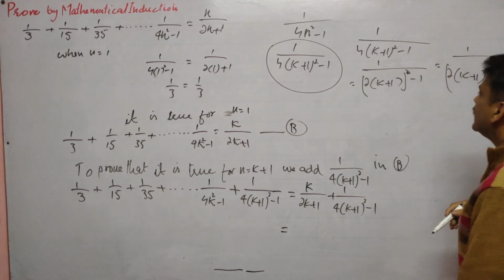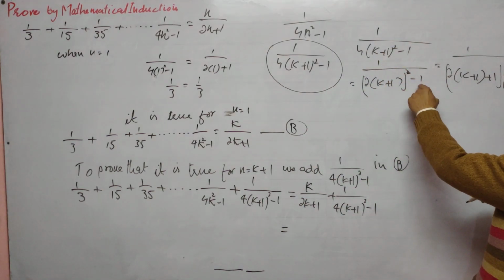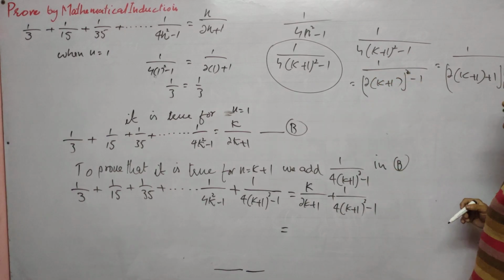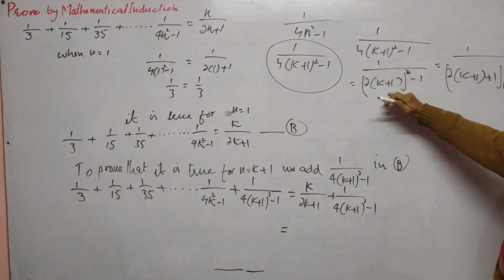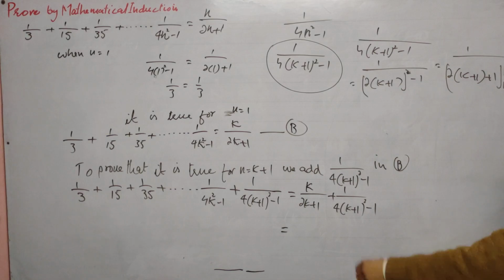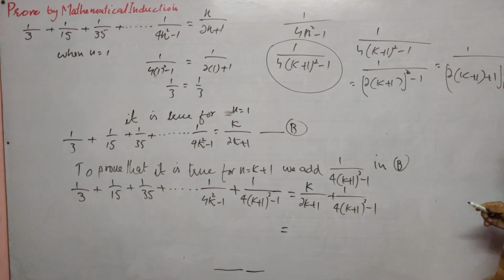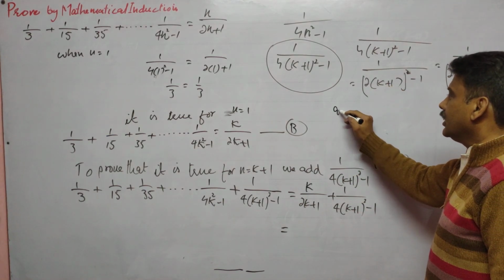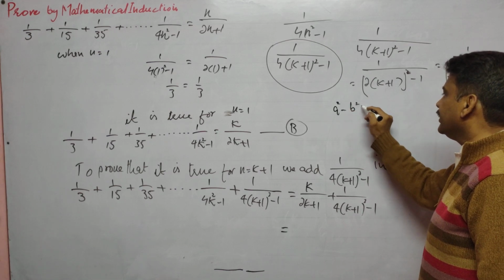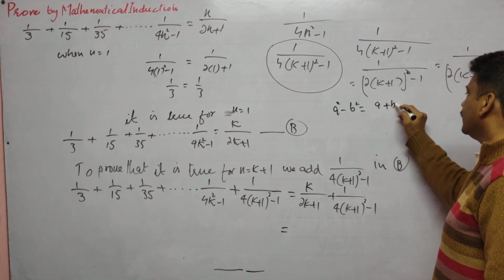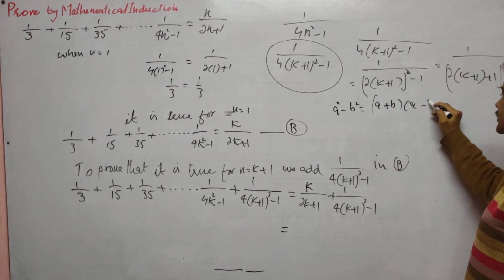You know, if there is a negative sign between two squares, we can write it as a² − b² = (a + b)(a − b).